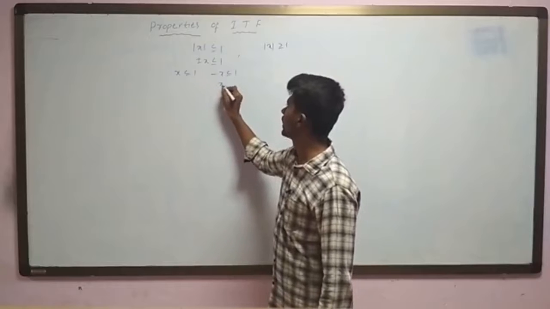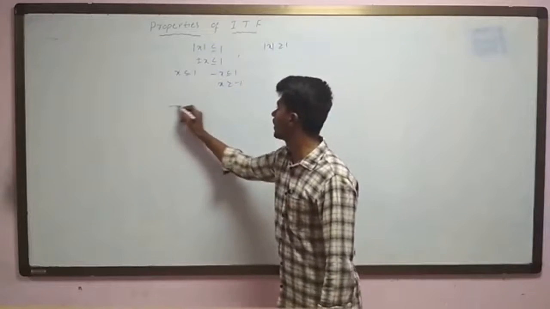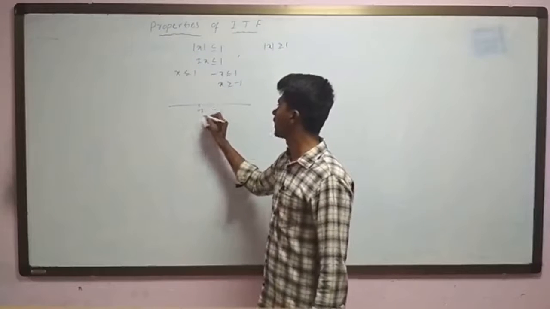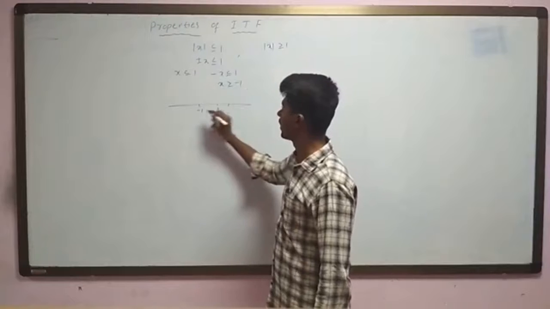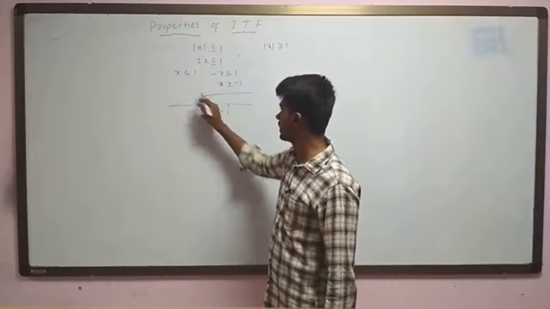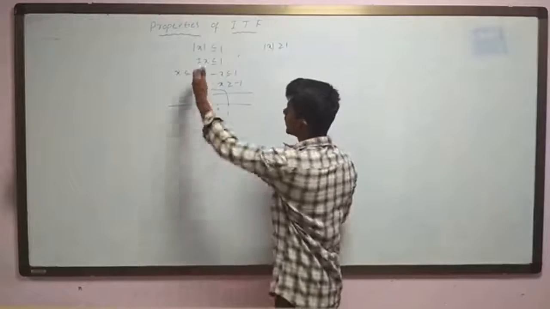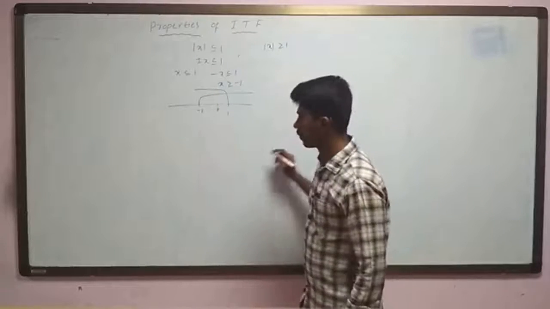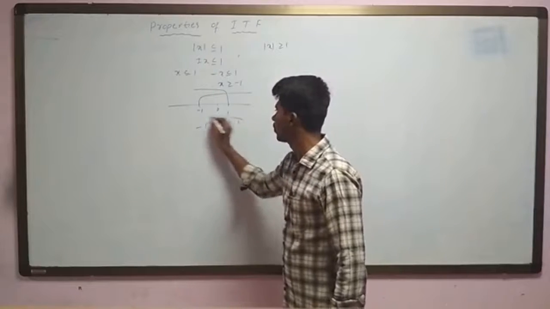From this we can write that x is greater than or equal to minus 1. If I take a number line, minus 1, 0, 1, x is greater than or equal to minus 1 and x is less than or equal to 1. So where does x lie? x lies in between minus 1 and 1.